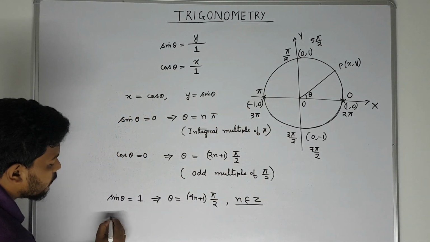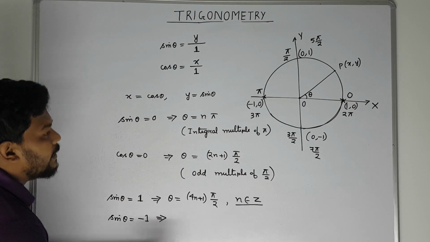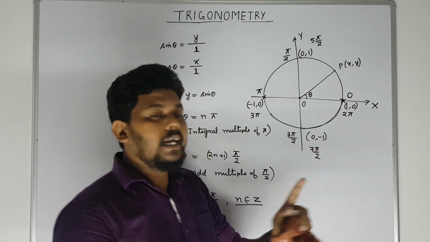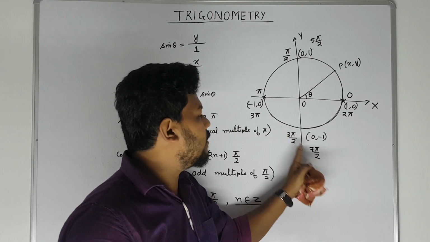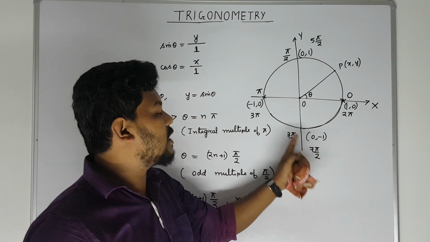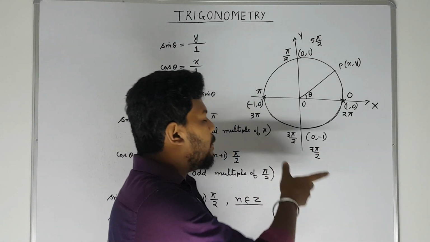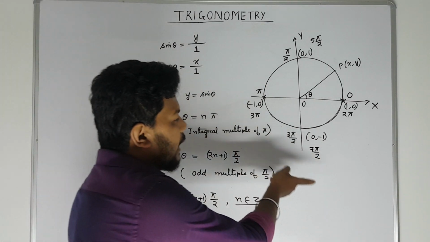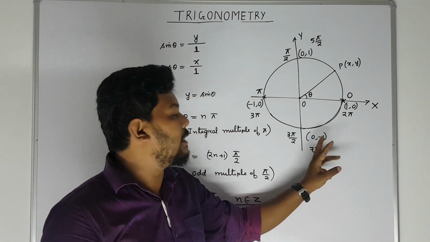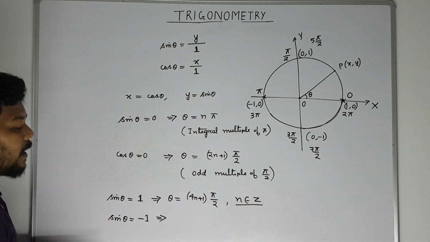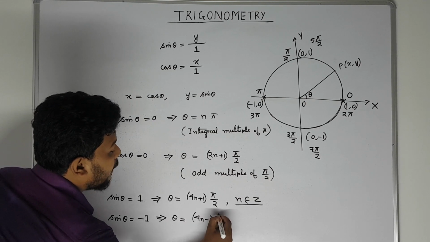Now sin theta is equal to minus 1. At this point (0, minus 1), it represents the values of cos 3 pi by 2 and sin 3 pi by 2. Similarly, cos 7 pi by 2 and sin 7 pi by 2. So here the value of sin is always equal to minus 1. So sin theta will be equal to minus 1 when theta is equal to (4n minus 1) into pi by 2.